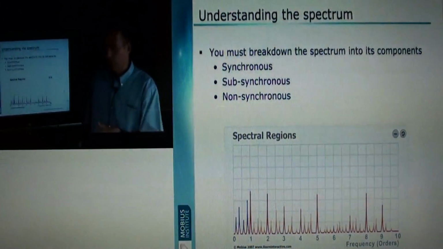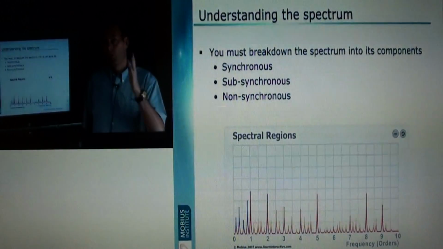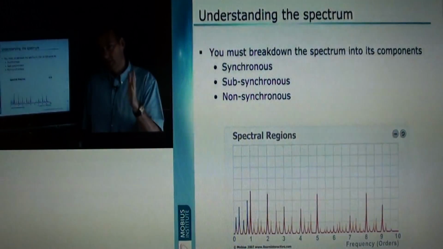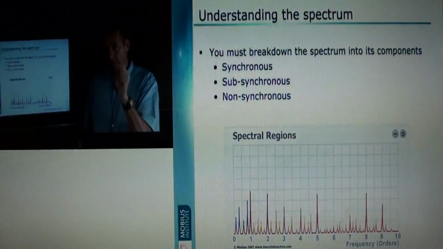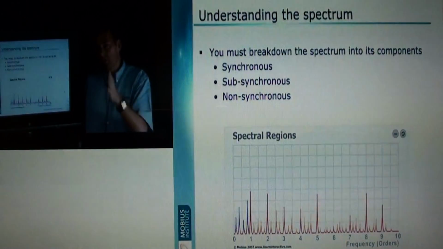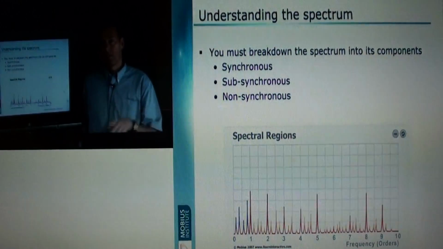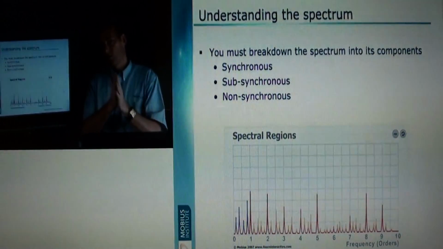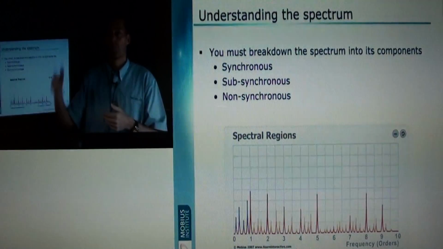And you might look at a spectrum and think, well, how can you tell if that's 3 or 3.09? Well, if you normalise the spectrum properly, then you will see that the 3.09 doesn't sit right at 3 times running speed. And if you put your cursor on that peak and you ask for harmonics, if you adjust the harmonics so that you now see a peak at 6.18 and 9.